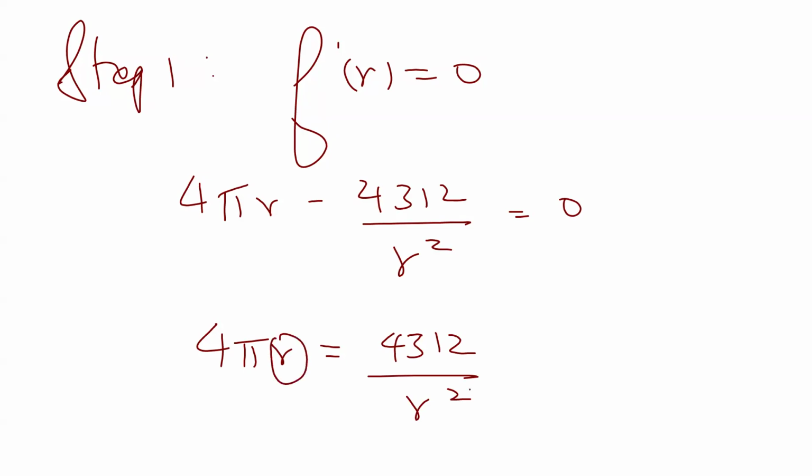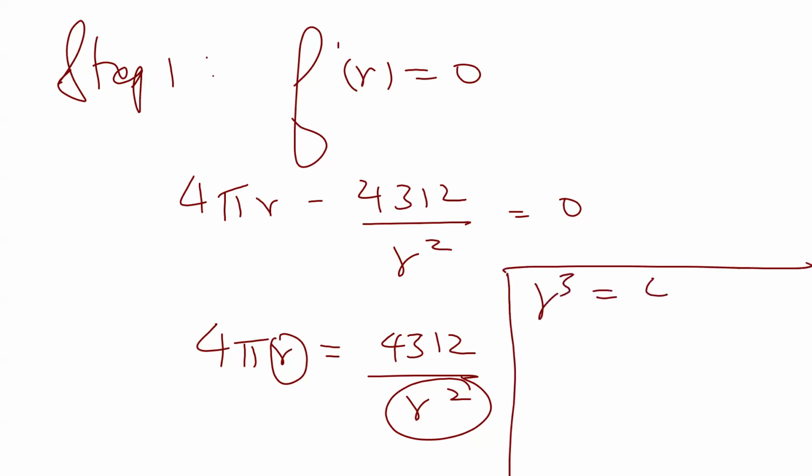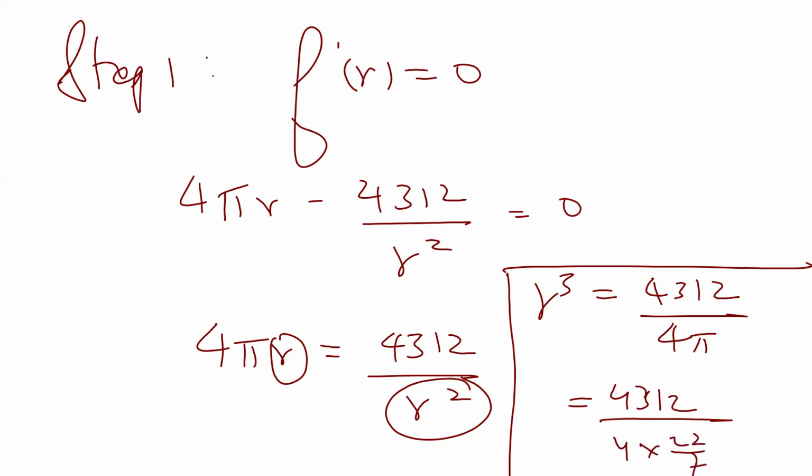So r cube is equal to 4312 upon 4 pi. Now put the value of pi as 22 by 7; they have asked us to do that. Then you can take the 7 up in the numerator. Calculate the value of r cube.